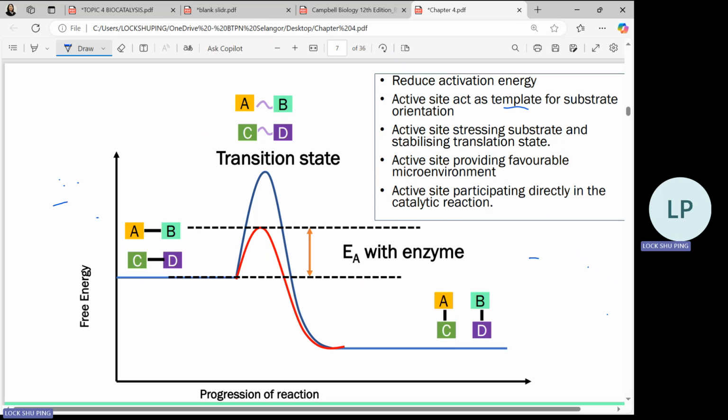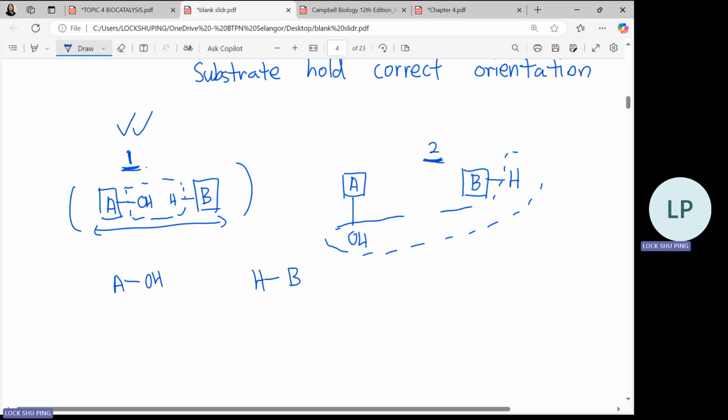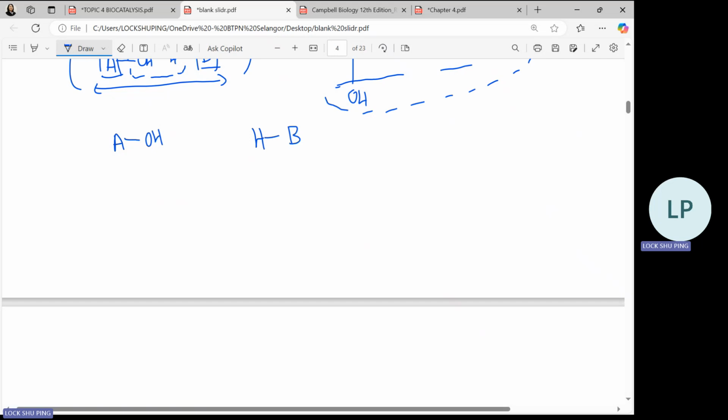And also the active site participates directly in the catalytic reaction. This one might be a bit confusing, because how can the active site actively participate directly in the catalytic reaction? This refers to the transferring of electrons. In some reactions, not the formation or breakdown of a covalent bond, we need electrons to be transferred from one molecule to another molecule as the process runs on.